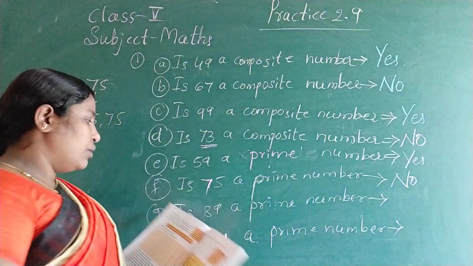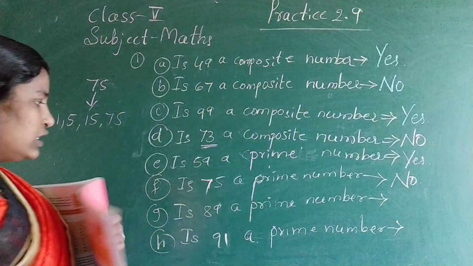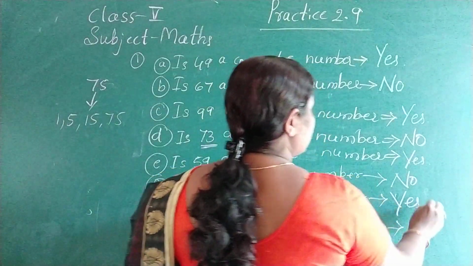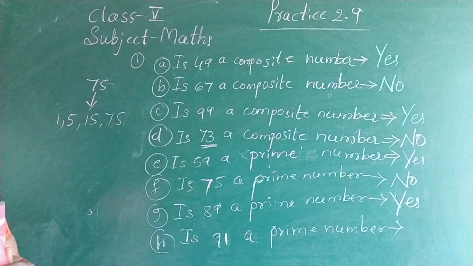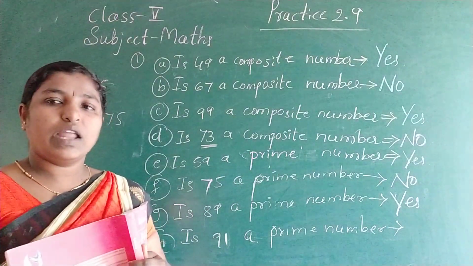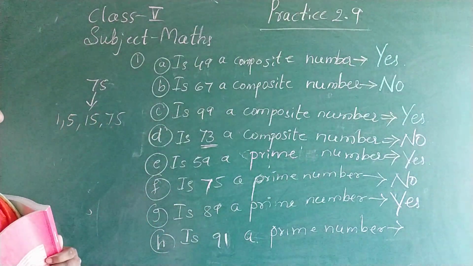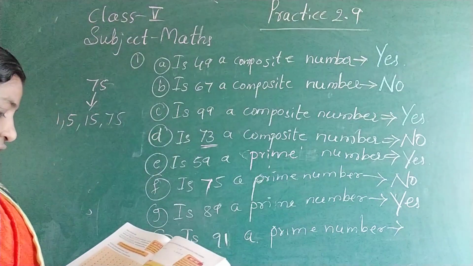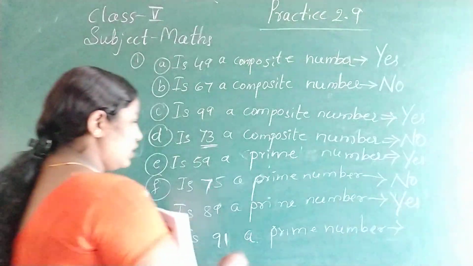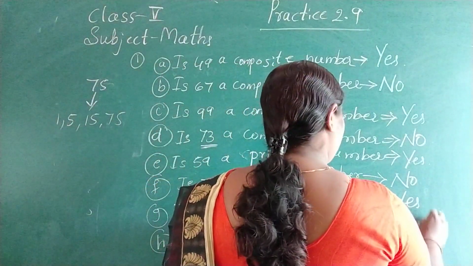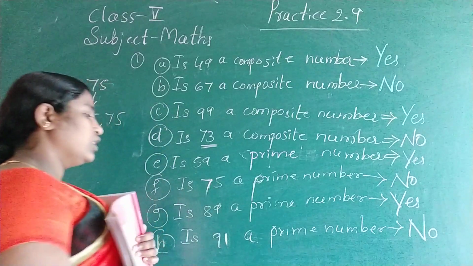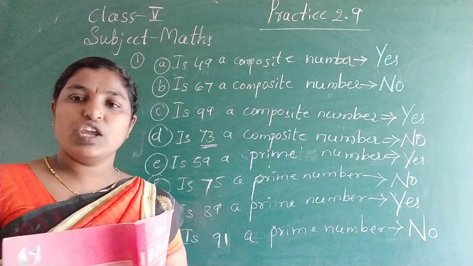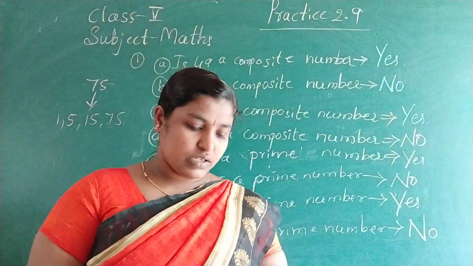Is 89 a prime number? Yes, because 89 has only 2 factors, that is 1 and 89 itself. Is 91 a prime number? 91 is in which table? No. This is also a composite number because 91 has more than 2 factors.